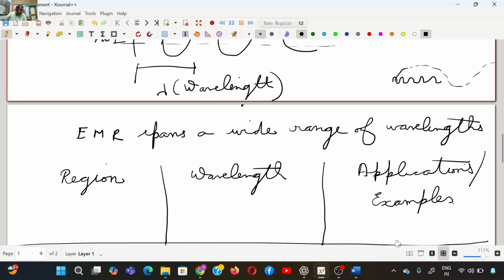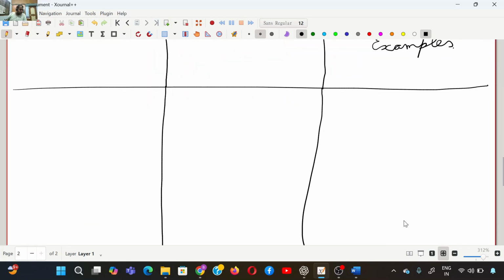right? So the shortest wavelength of the electromagnetic spectrum is gamma rays. The wavelength is generally less than 0.01 nanometer. So we can say 0.1 Angstrom, because 10 Angstrom is 1 nanometer.